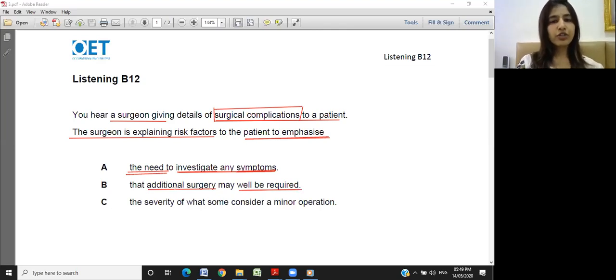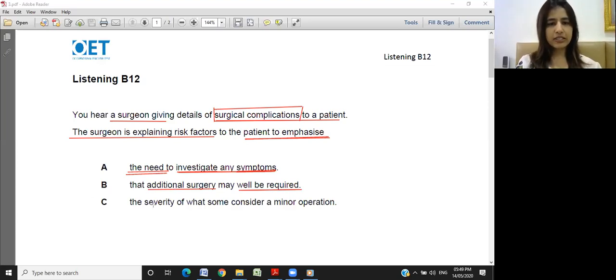So even though we are underlining the keyword, do not keep listening only for those words, okay? If they say one word about additional surgery or one word about investigations, it doesn't mean that answer is correct. That's the main trap. You need to go for the overview.